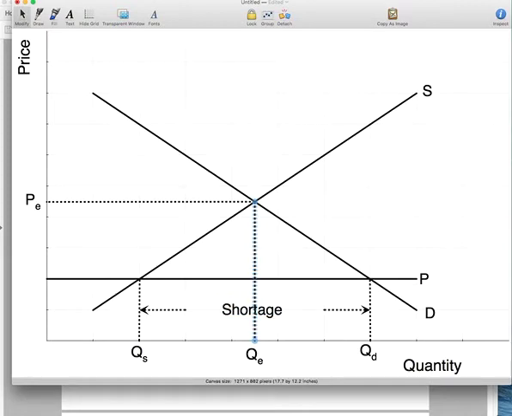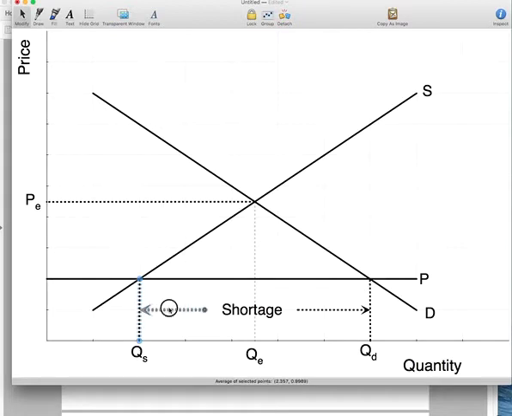And let me just change the opacity of that so it doesn't show through too much. So here is the area of shortage. It is QD minus QS, and that gives us the area of the shortage.